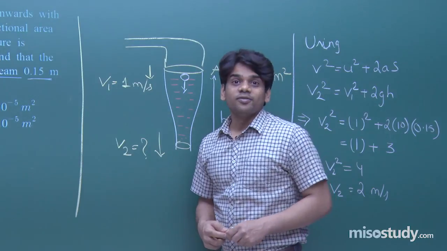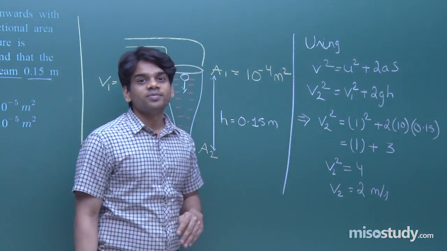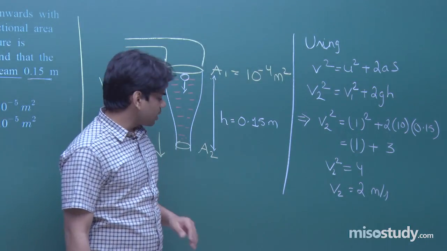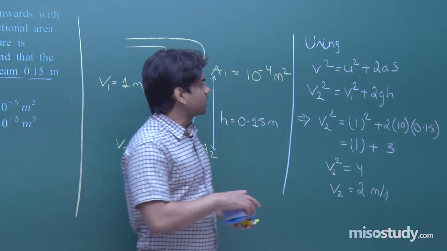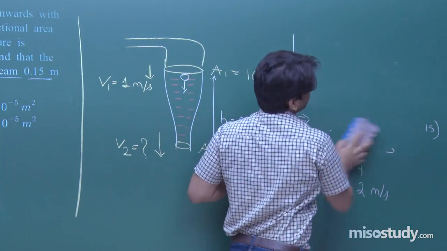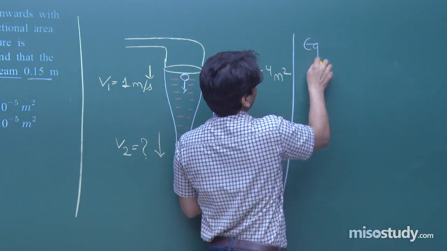After this, we need to evaluate the value of area of cross section at this bottom end. Can we use equation of continuity? I hope that you would have taken note of this, and let me rub this part and let us go ahead using equation of continuity.